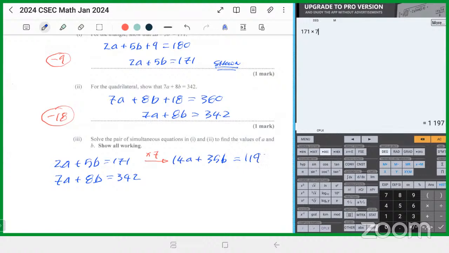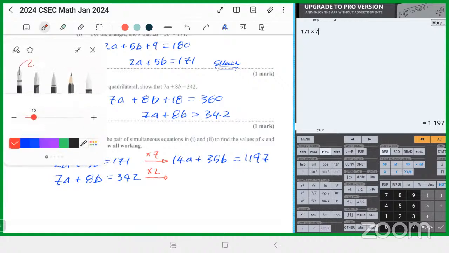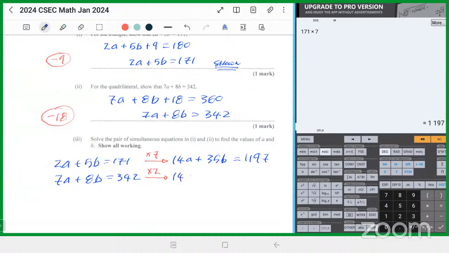And then the second equation, I want again this term to become 14, so I'm going to multiply it by 2. Multiply this second equation by 2, and so this term will become 14A. Multiply this one by the 2, I'm going to get 16B. And if I multiply this by 2, I'm going to get 684. Multiply each value there by 2.